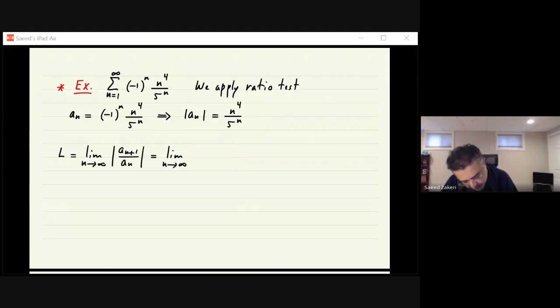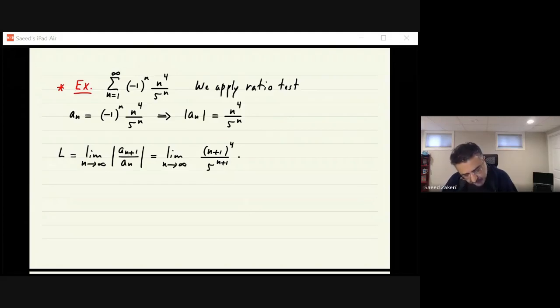And then instead of forming this nasty fraction AN plus 1 here, and then on the bottom putting absolute value of AN, I just put AN plus 1, which is n plus 1 to the fourth over 5 to the power n plus 1. That's absolute value of AN plus 1.